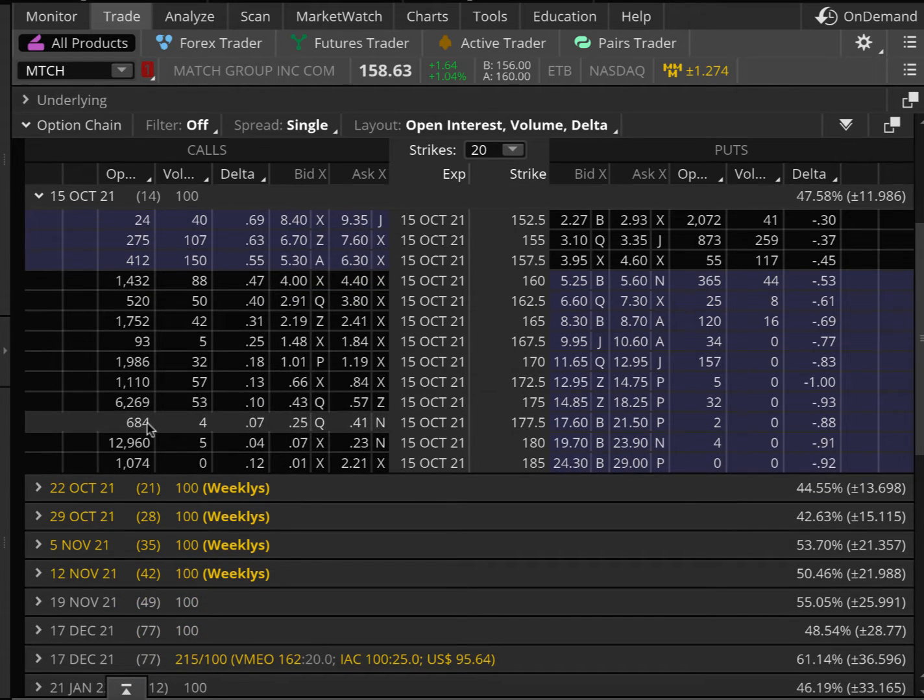Whereas if you were to buy something out here at the 180 strike, yes, there's a lot of volume there, but look at the delta. You're going to buy an option for something like 10 or 15 cents, but it'll only go up 4 cents for every dollar that it goes up.